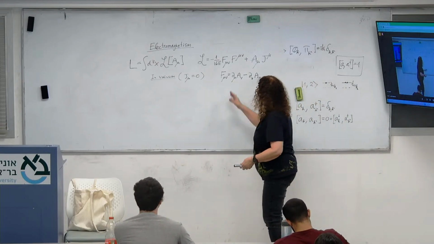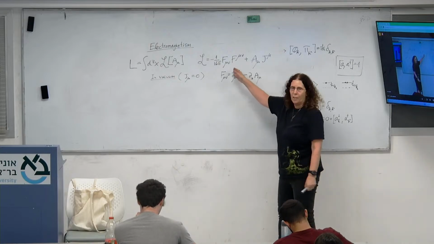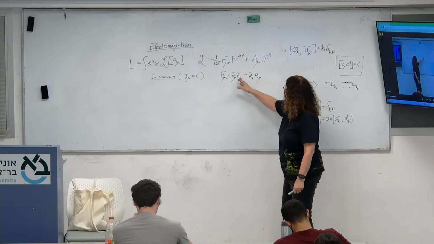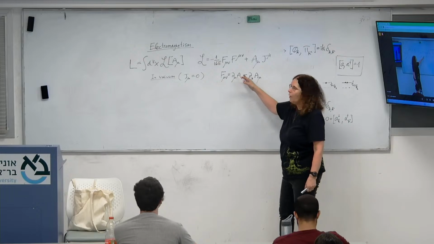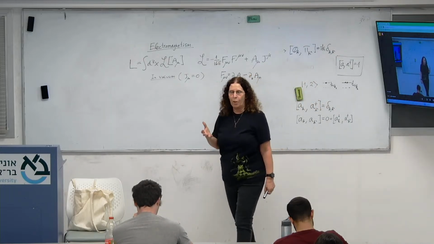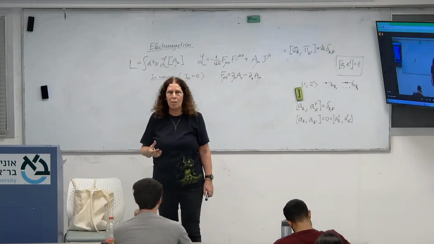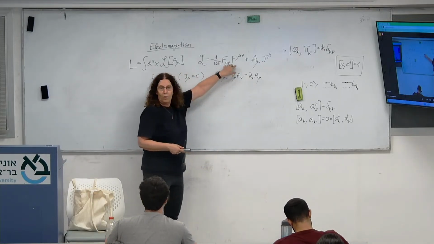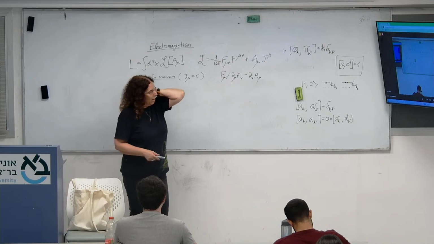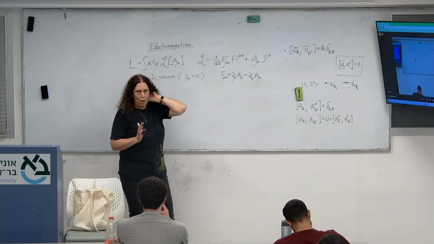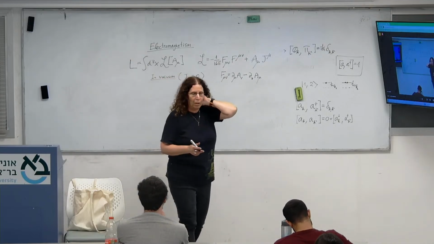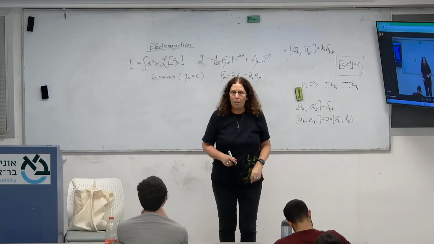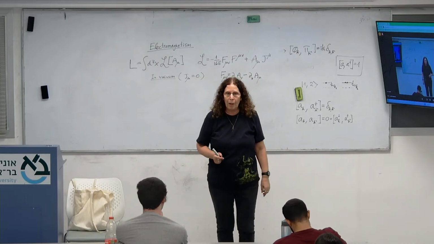Now, usually, unlike the problem of before, we start from many fields. We have a 4-vector and 4 derivatives and all the combinations. It's usually complicated, okay? But there is something nice about electromagnetism. We mentioned it last week. It has a gauge symmetry, right?